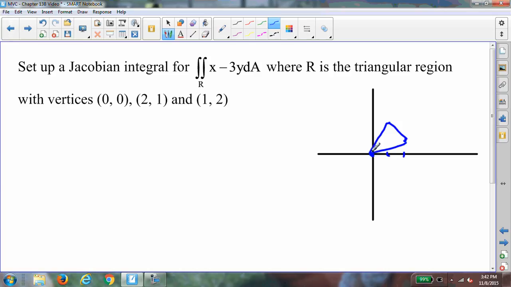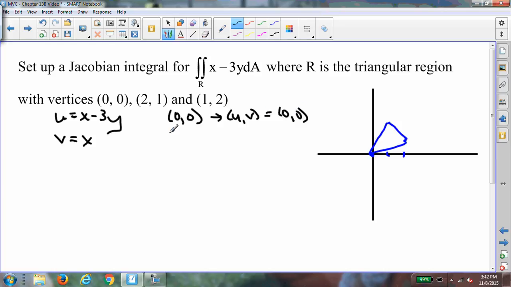Now, if I try to do something like this, which is typically what we do, let's say I let u equal x minus 3y, since I have an x minus 3y in the equation. And then if I just randomly let v equal something else, let's say I let v equal x. I can figure out what the uv coordinates would be if I take 0, 0, 2, 1, 1, 2, and rewrite them in terms of u's and v's. If I took 0, 0, which are my xy coordinates, and plotted them in terms of u's and v's, I would get uv equal to 0, 0.